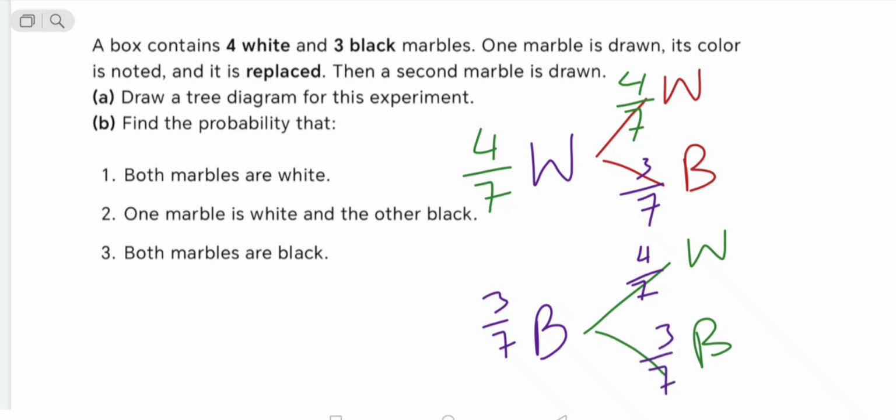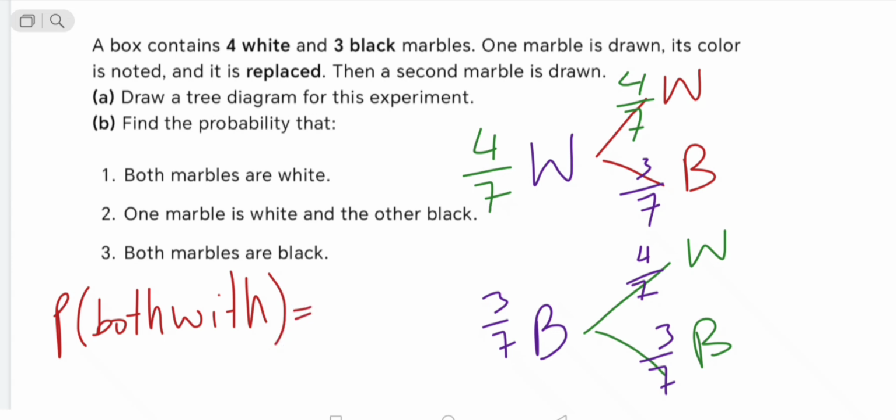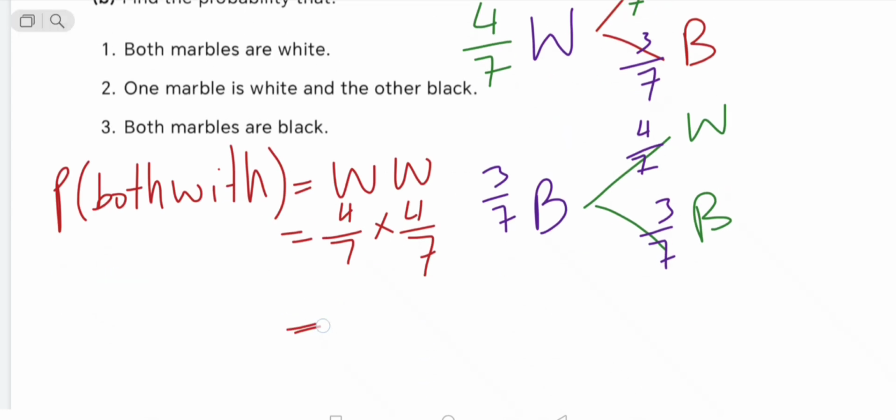Okay, find the probability both are white, meaning WW, which is 4 over 7 times 4 over 7, which is equal to 4 times 4 is 16, 7 times 7 is 49, 16 over 49. This is our answer for the first one.